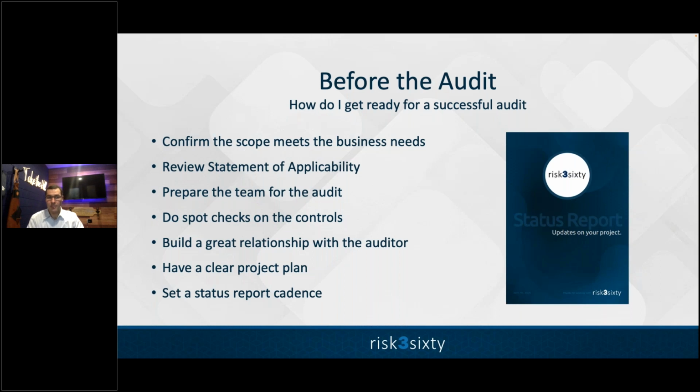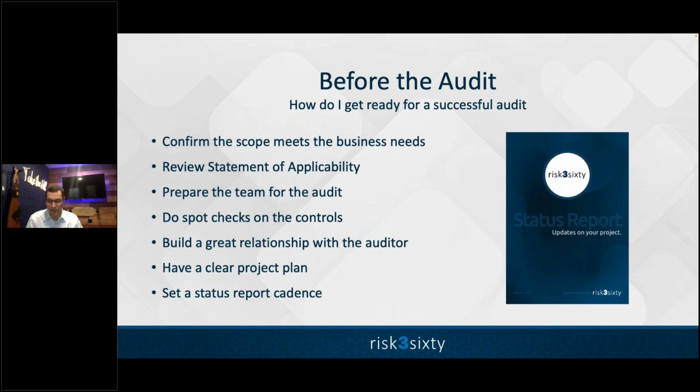You want to have a clear project plan and a status report cadence. So without a clear project plan, you might have the risk that your auditor didn't realize you needed your report or certification, say by the end of October, because that's what you promised to a client. The auditor is thinking, actually, I'm not going to get that report out until Thanksgiving.